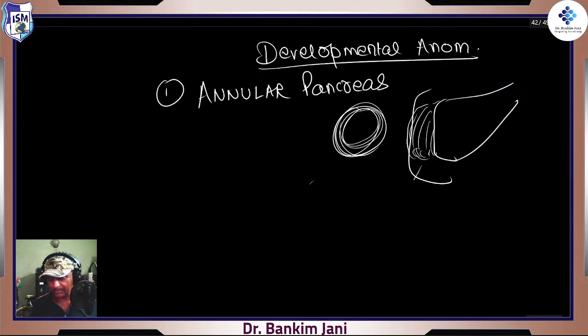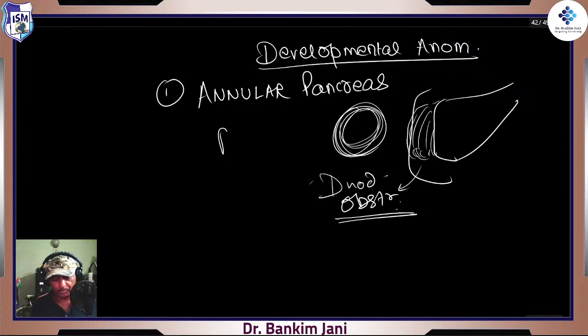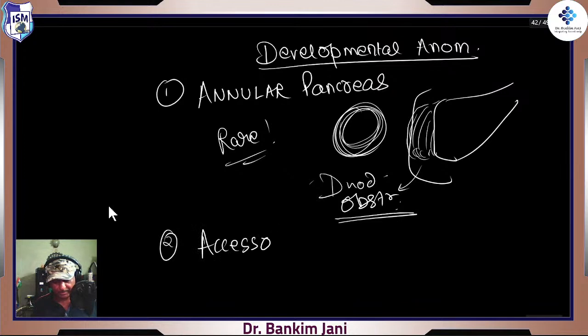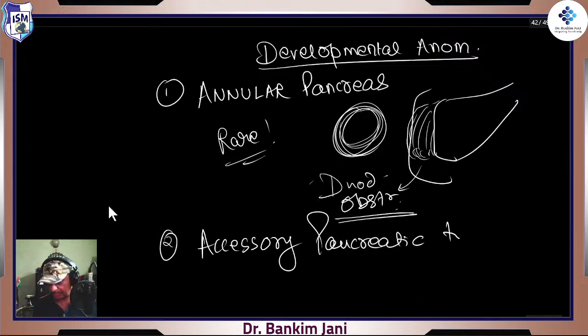And obviously it will lead to duodenal obstruction, but nothing to worry about. This suspense thriller is very rare, so usually we won't be watching it much. What we really watch is accessory pancreatic tissue.